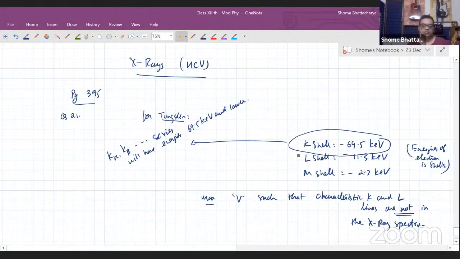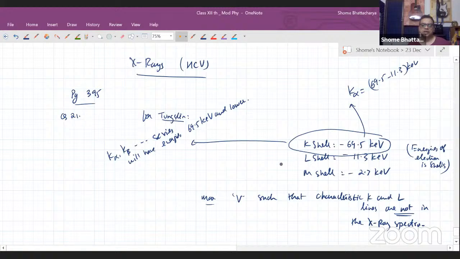So for example, the K alpha line will be 69.5 minus 11.3 keV, and this is the lowest energy of the K series.